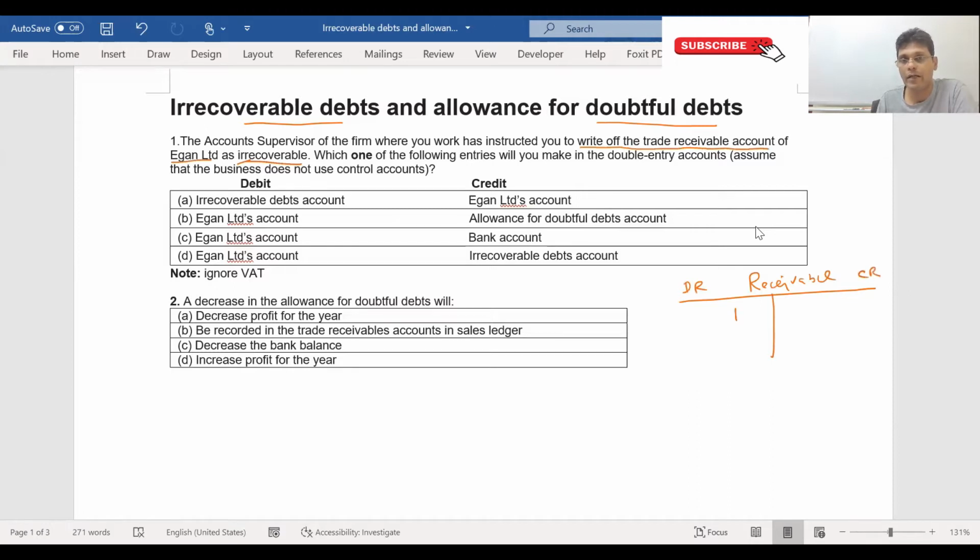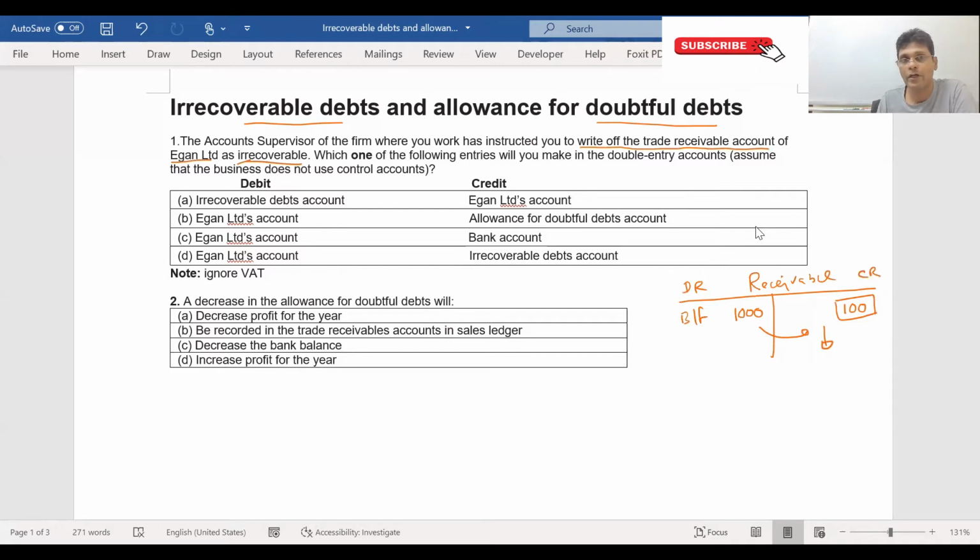Let's say your debit balance is 1000 and you are going to write off, let's say, 100 dollars. When you write off as irrecoverable, you need to credit your receivable account. When you credit, your receivable balance will reduce. So therefore you need to credit the receivable account.